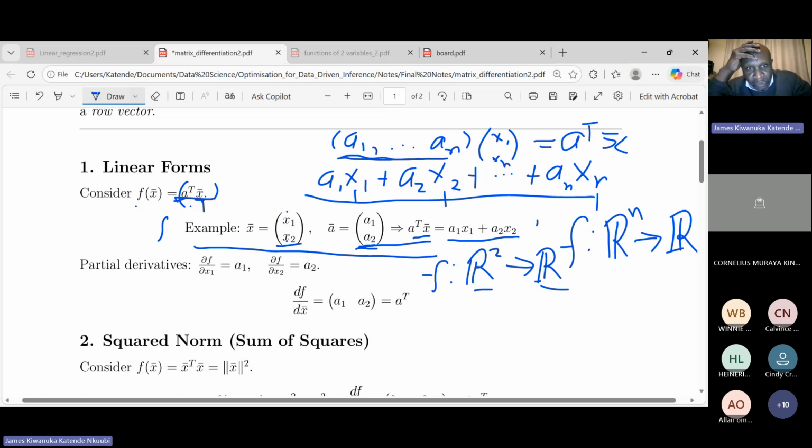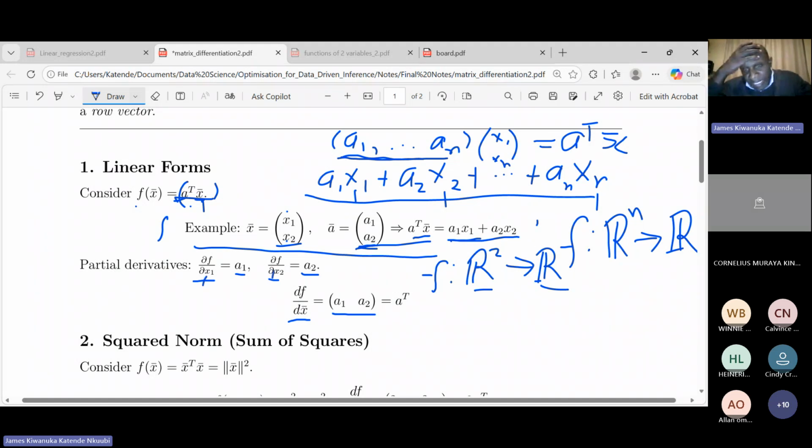So the question is, how do you differentiate this? If you get the partial derivative with respect to x1, you will get a1. I think that is obvious. The partial derivative with respect to x2, you will get a2. So the derivative of the function with respect to the vector x will simply be a1 and a2.